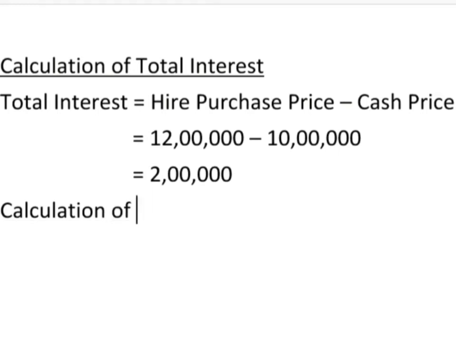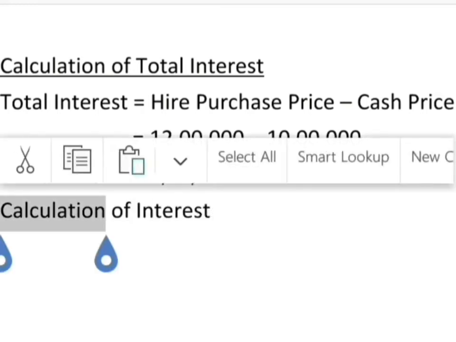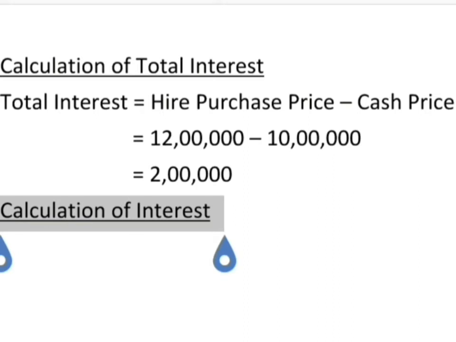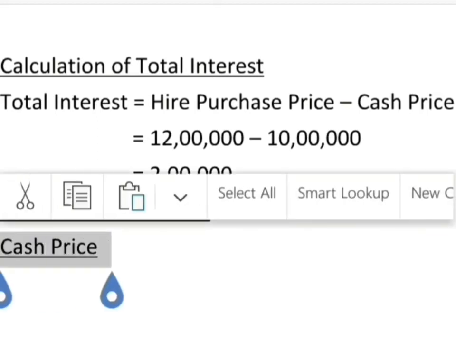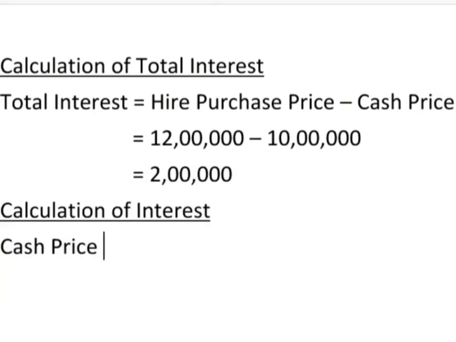Further, calculation of interest which we normally do. Before we calculate interest, we need to calculate the balance amount which is to be paid by the hire purchaser. For that purpose, cash price minus the first payment, that is down payment, we get opening balance.